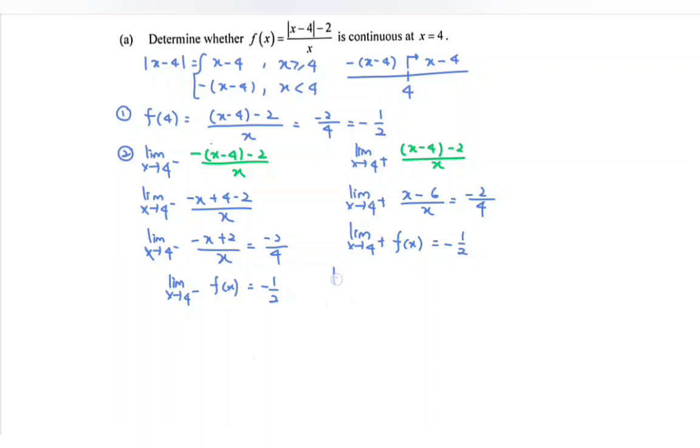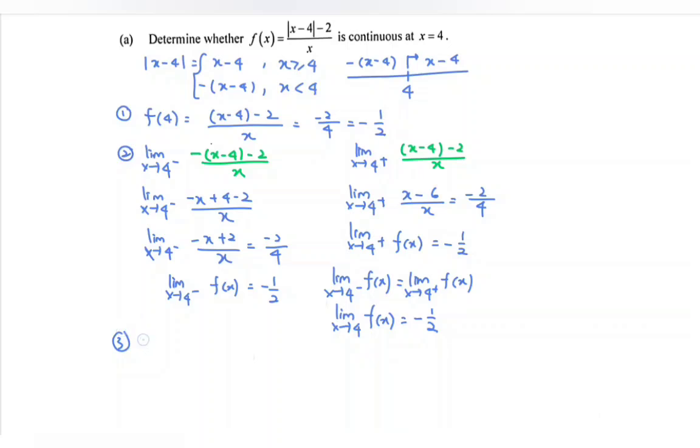Notice that the limit from the left equals the limit from the right. So both sides are equal, and the limit as x approaches 4 of f(x) is negative 1 over 2. That is the second step.